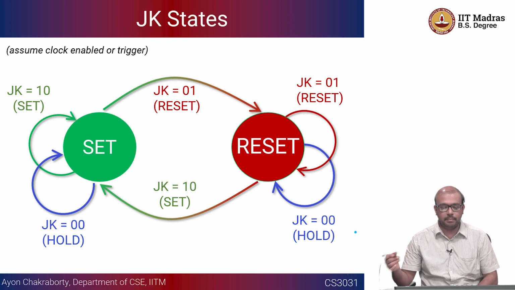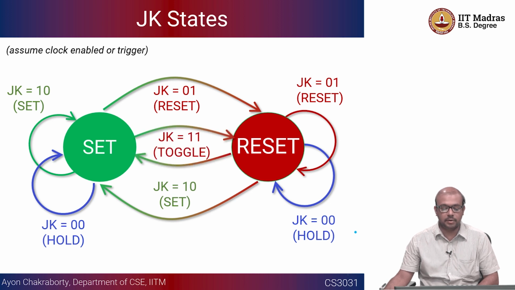So this is the same state diagram, and in that state diagram we are going to add one or two more additional edges. One is from set to reset. So if it was set and you put JK equal to 1, it is going to be reset and vice versa, right? So this completes the various states that are possible in case of a JK flip-flop.